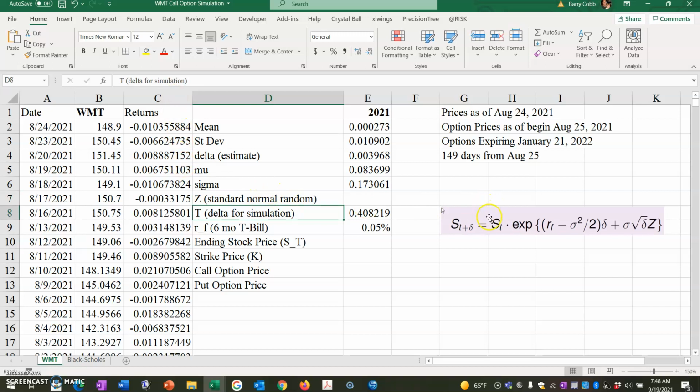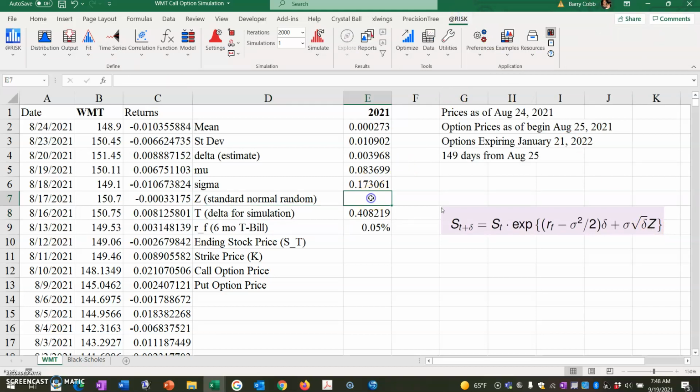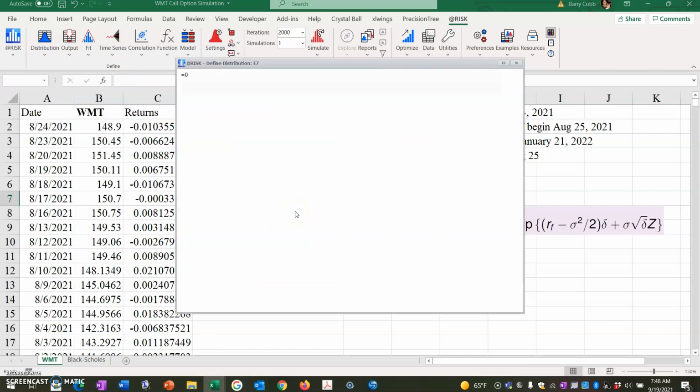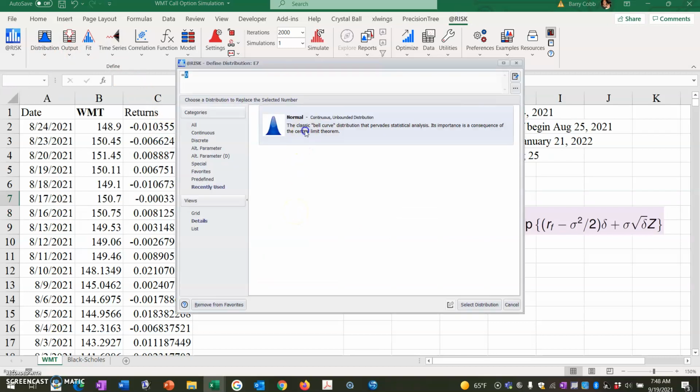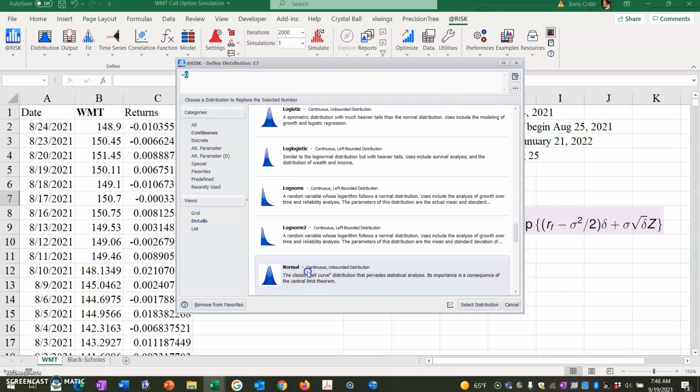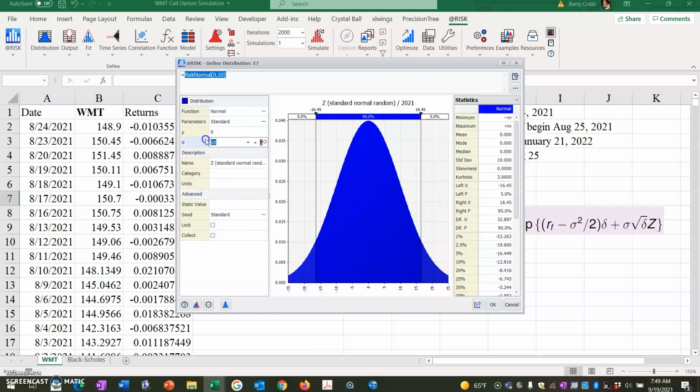And in the geometric Brownian motion formula, the notation is this Z. So we'll create that here with an @RISK distribution. And we'll select the normal. You may need to go into the continuous distributions and find normal. But it'll be mean 0, standard deviation 1.